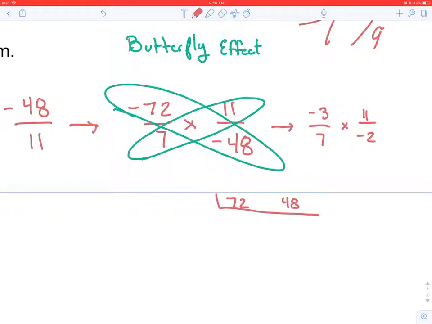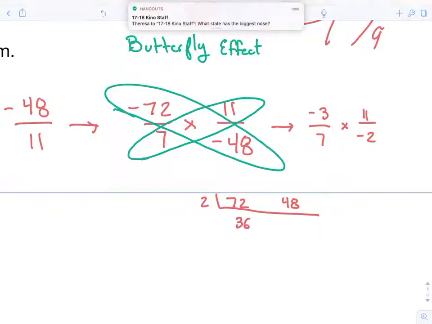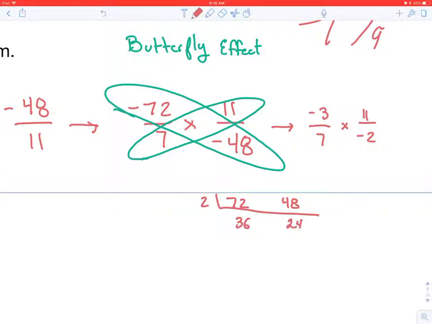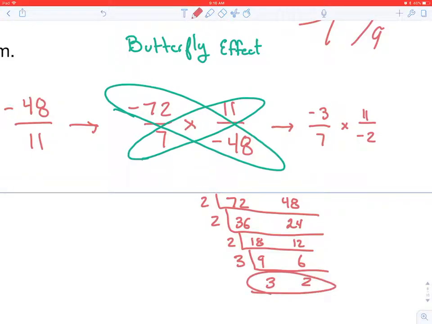Now this can be simplified by 2, which would give me 36 and 24, which can be simplified by 2, which would give me 18 and 12, which can still be simplified by 2, which would give me 9 and 6, which can be simplified by 3, which would give me 3 and 2. So instead of doing the 2, 2, 2, 3, I just decided to take all these numbers, realize that they multiply to equal 24, and simplified 72 and 48 by 24 because I recognize that those are the amount of hours that are in 2 and 3 days.